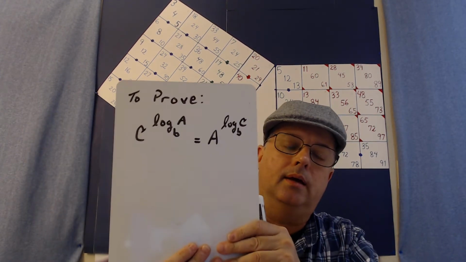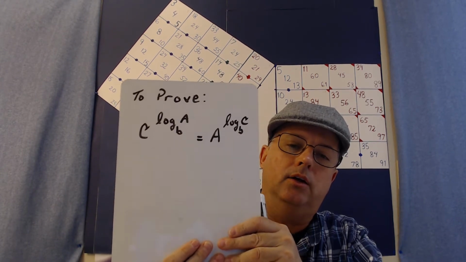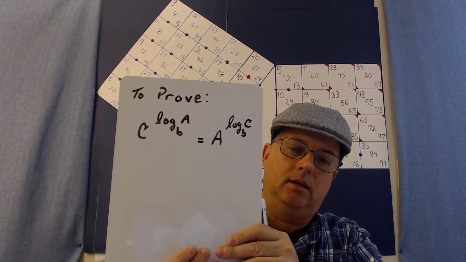So we want to, first of all, make a clarification on what you can do to prove this. And so here's what you can't do. This is what you cannot do. Suppose that you want to prove that c to the log base b of a is the same as a to the log base b of c.